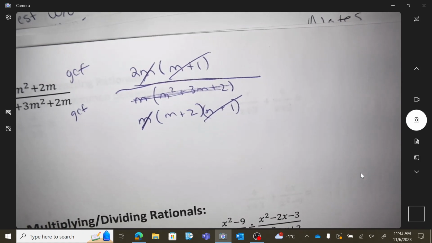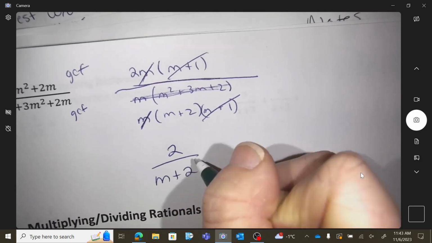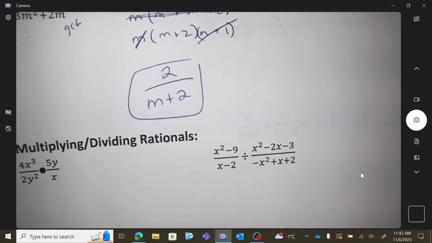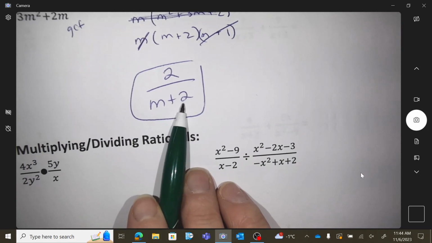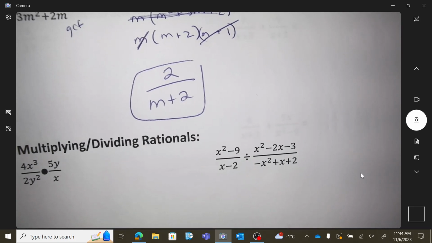So there, that can go. And that's it. Okay? Can I cancel those 2's? No, because it's an adder. This is attached with an add, so you can't be crossing it off.